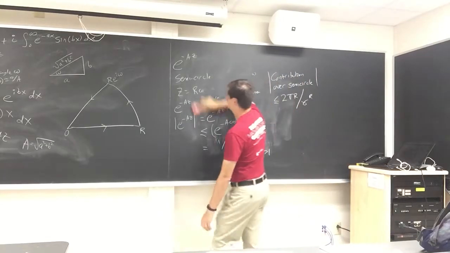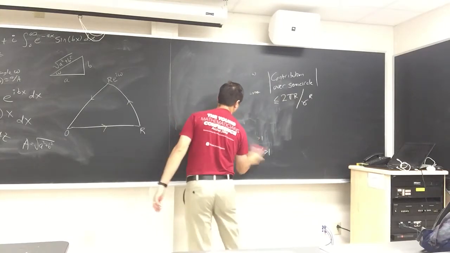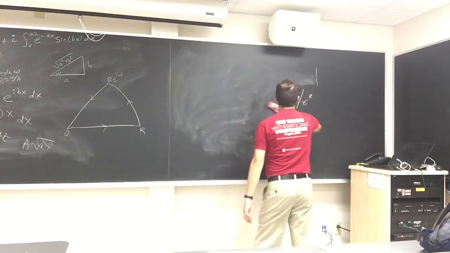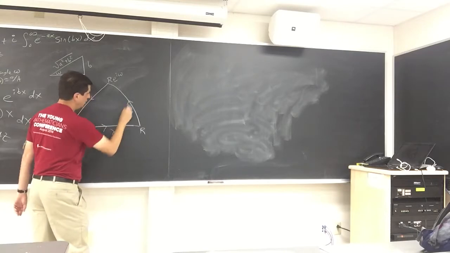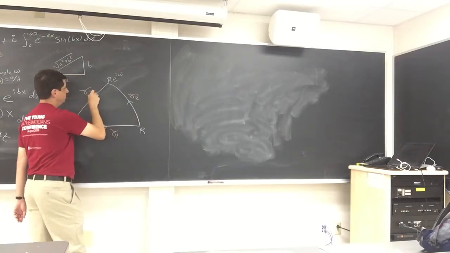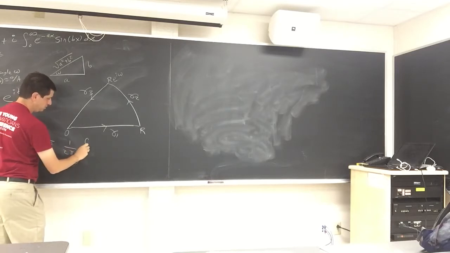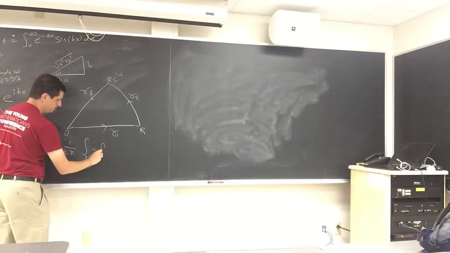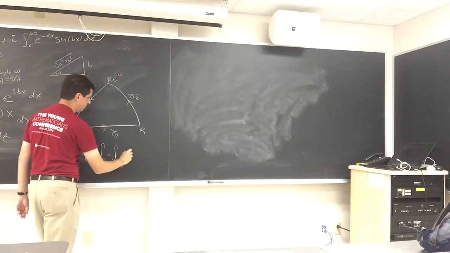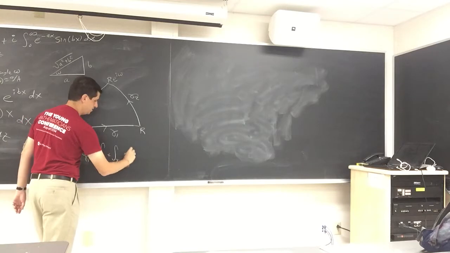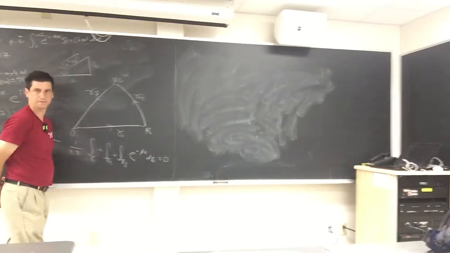Okay. So let's call this gamma 1, gamma 2, gamma 3. We know 1 over 2 pi i times the integral over gamma 1 plus the integral over gamma 2 plus the integral over gamma 3 of e to the minus az dz equals 0.